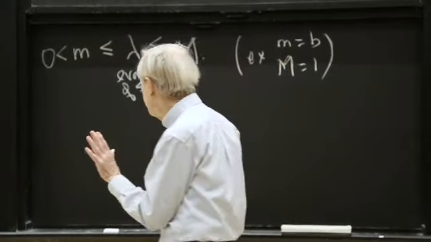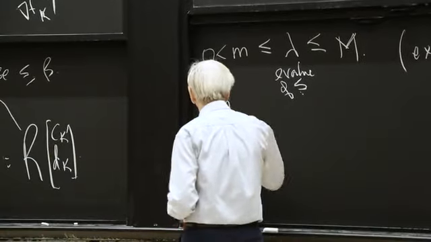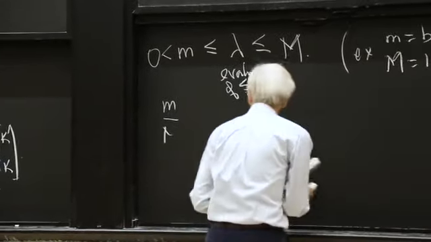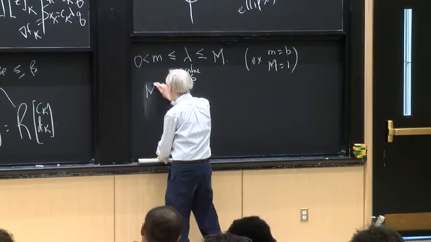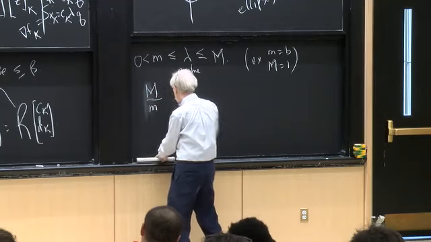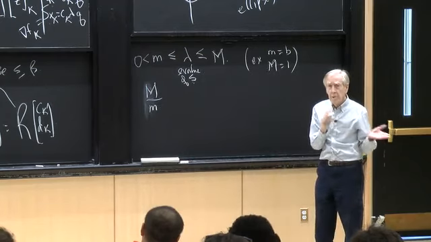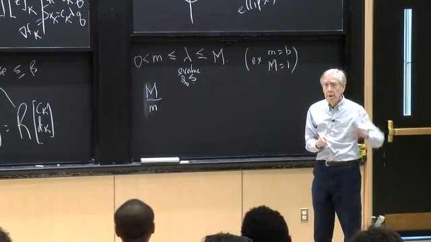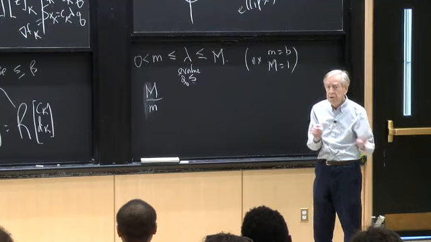And the ratio of M to m, this is the key quantity, and what's it called? Lambda max divided by lambda min is the condition number, right?